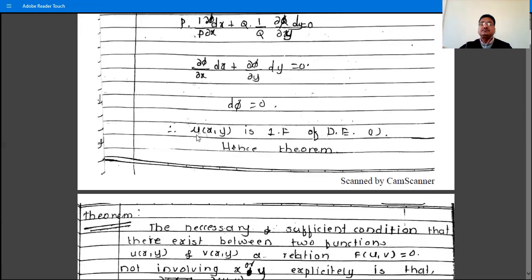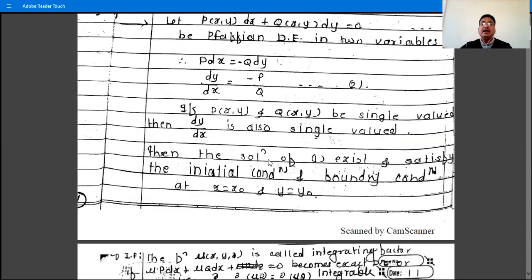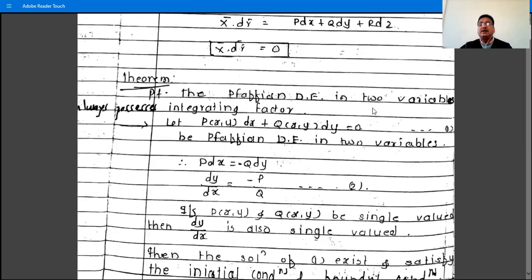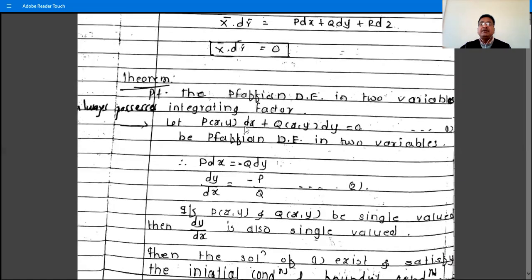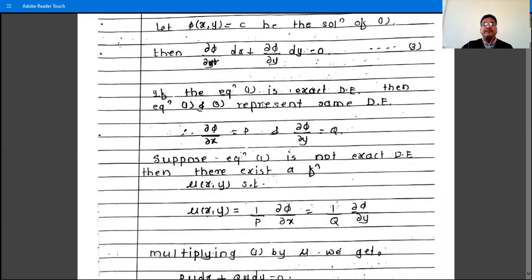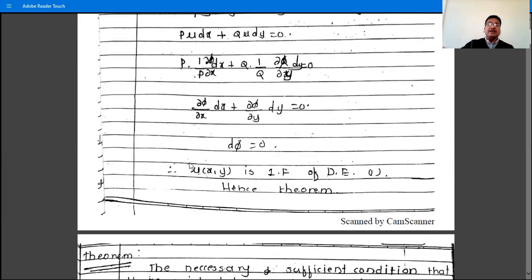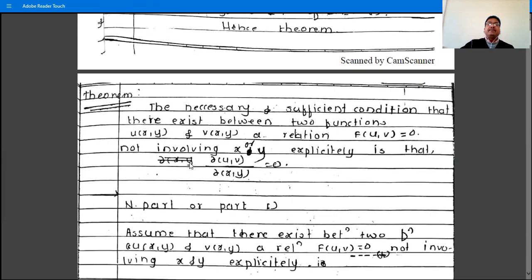Hence the theorem: if the Pfaffian differential equation is in two variables, then it always possesses an integrating factor. That is, the differential equation is itself integrable, or it possesses an integrating factor.